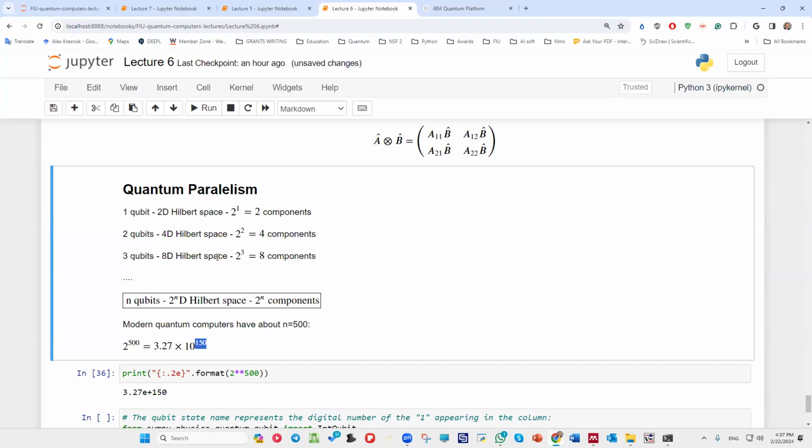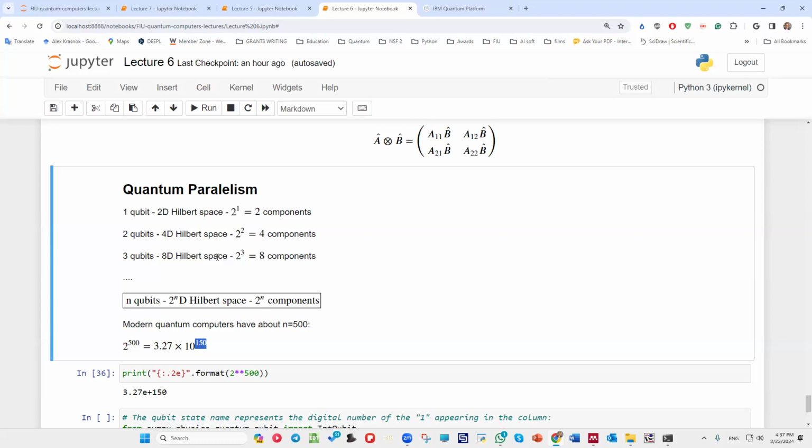Let's say you start from 500 qubits. The 500 qubits can encode a decimal digit string 500 elements long. So it's a relatively short number.